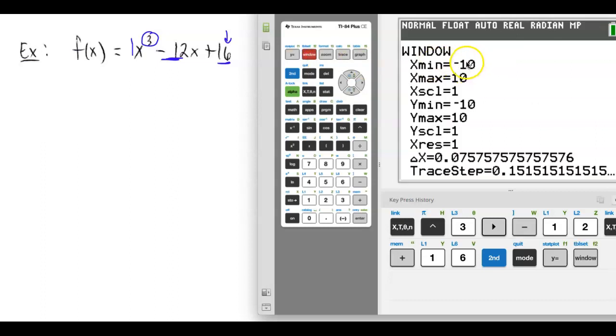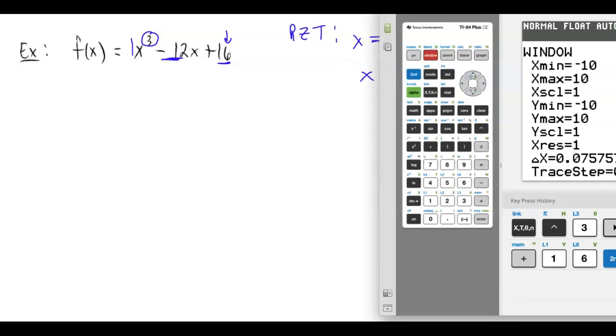So for my window here, I see that it's set for the x values, x min and x max, to be negative 10 to 10. That is the standard. The y min and y max are also at negative 10 to 10. We don't really care about the y max here, but we do care about the x min and x max. So what I want to do is make sure that all the numbers in my list are covered.